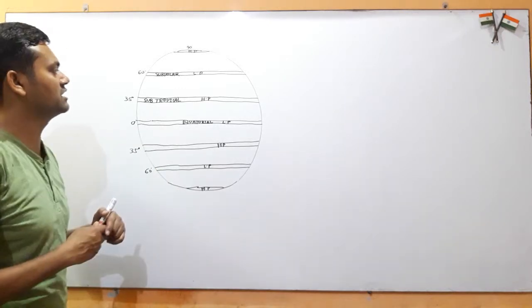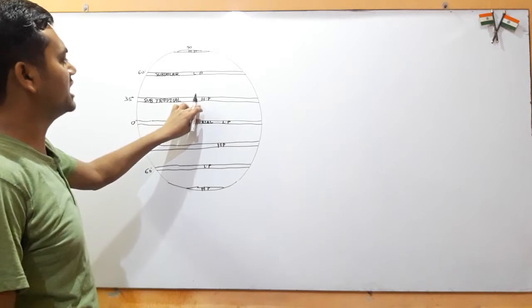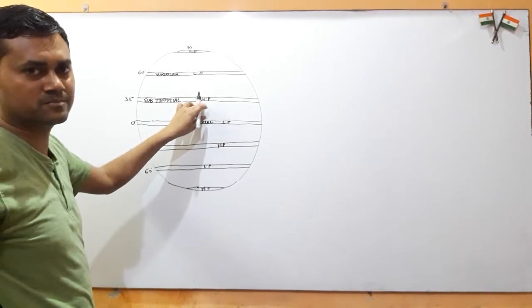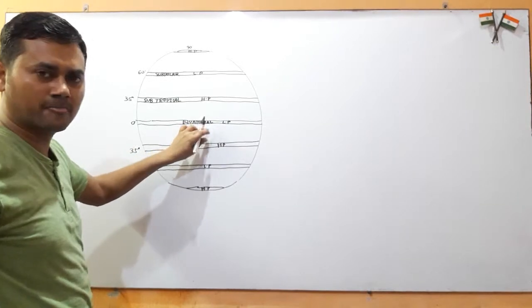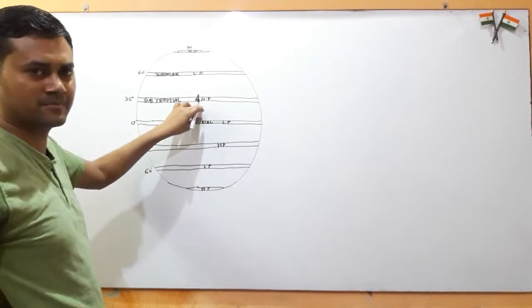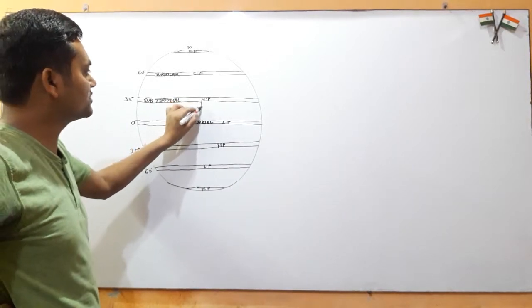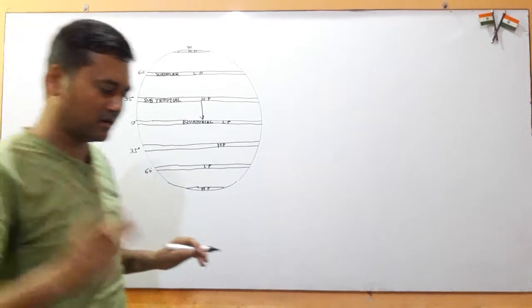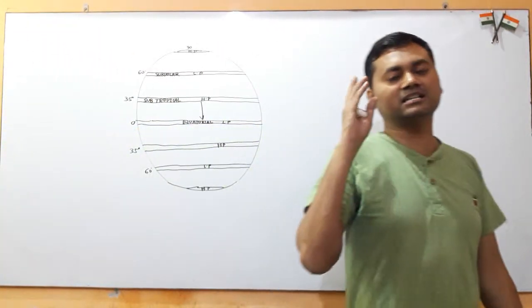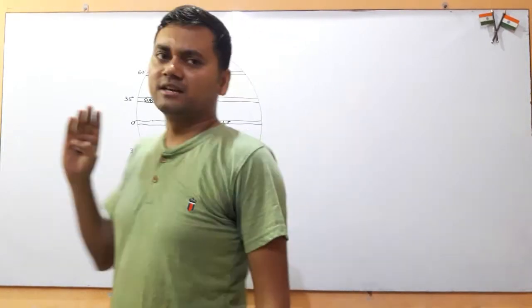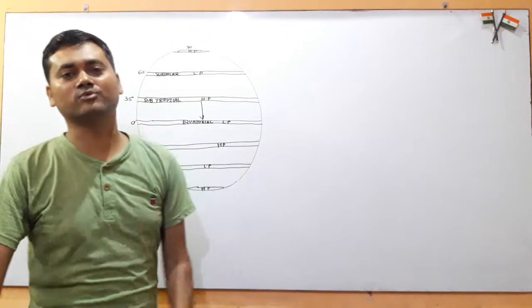As you can see here, this is the high pressure and this is the low pressure. If wind blows from this place, it would go to this low pressure, because I have said that wind goes from high pressure to low pressure. So the direction should be like this, but as I have told you, there is the impact of the Coriolis force, and due to it the wind deflects in the rightward direction.